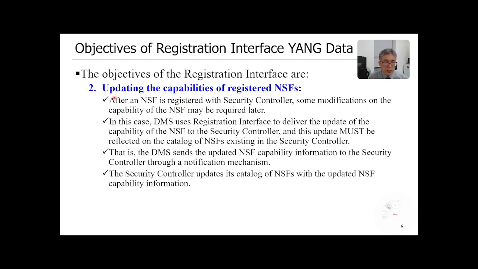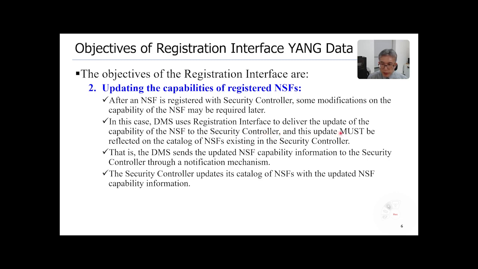The second objective is updating the capabilities of registered NSFs. After an NSF is registered with the security controller, some modifications to the capability of the NSF may be required later. In this case, the DMS, Developer Management System, uses the registration interface to deliver the update of the capability of the NSF to the security controller.